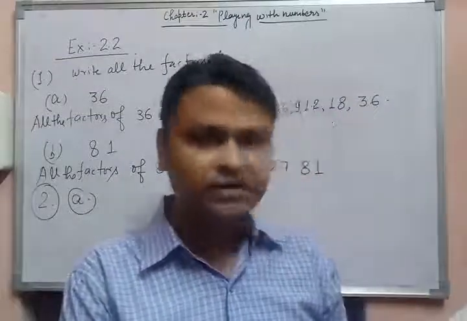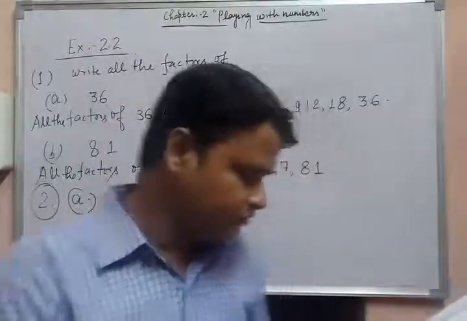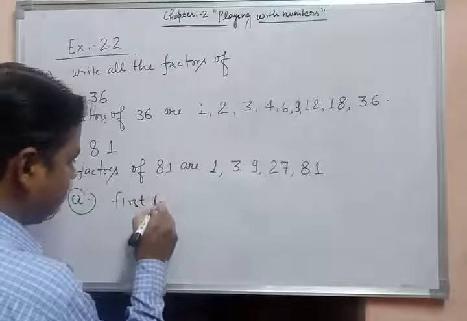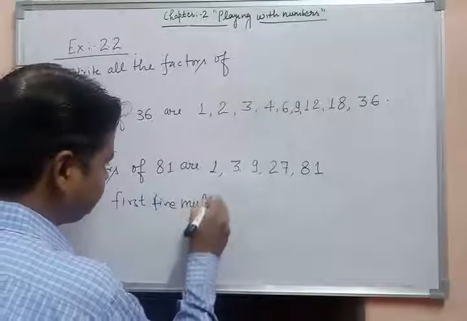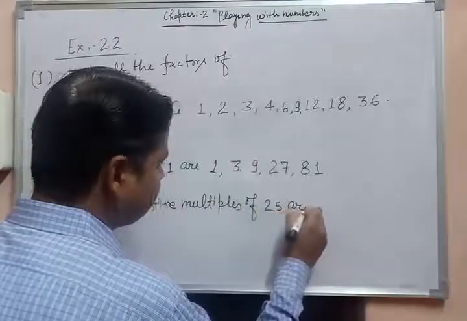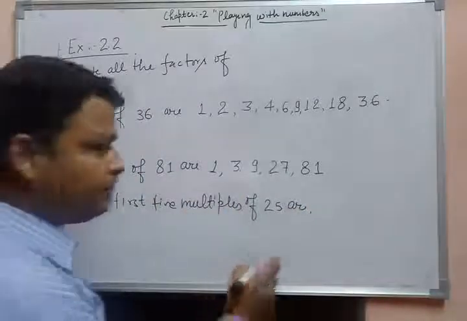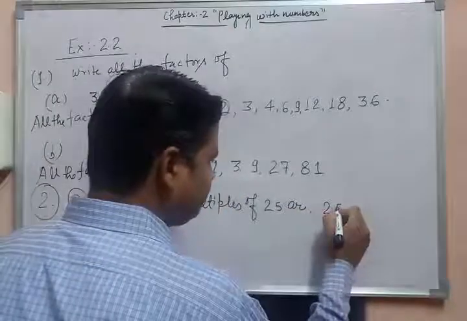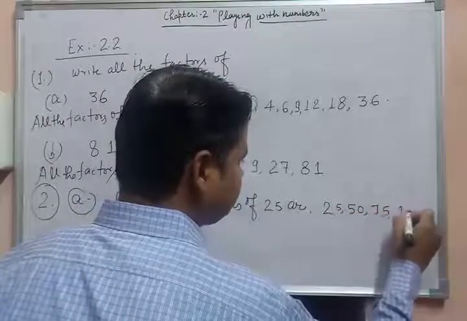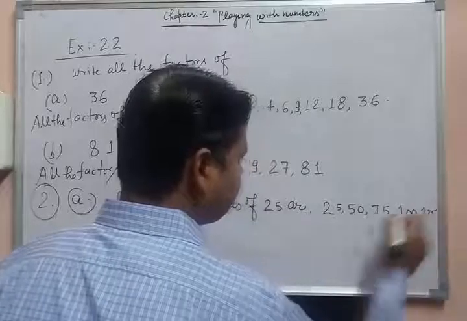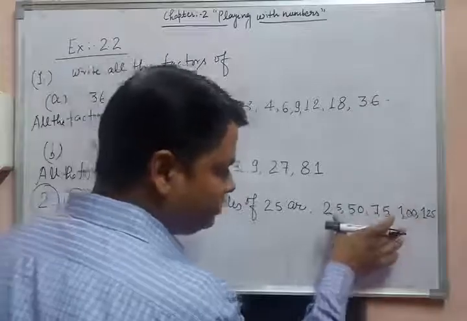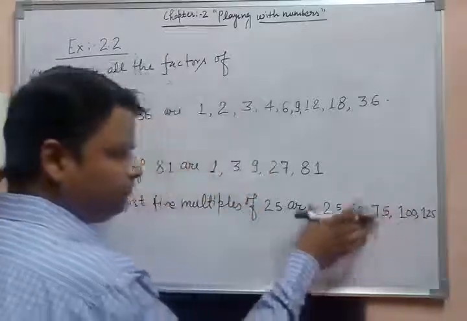The first five multiples of 25 are: you have to write the table of 25, 25, 50, and so on. So students, these are the multiples of 25, and this is the table of 25 also.